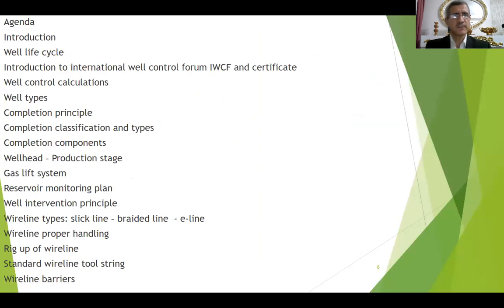In this course, we start with the agenda: introduction, well life cycle, introduction to International Well Control Forum and the IWCF certificate and exam, well control calculations, well types, completion principle, classification and types, components, wellhead, production stage, well life, gas lift system, reservoir monitoring plan, well intervention principles, and wireline types.